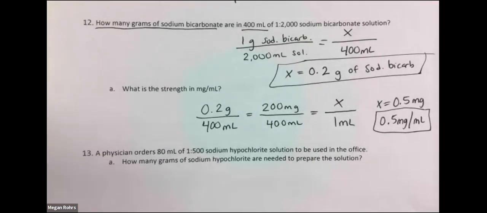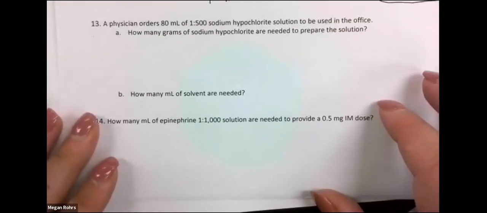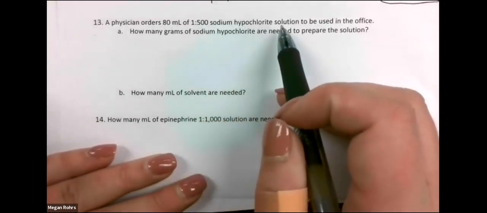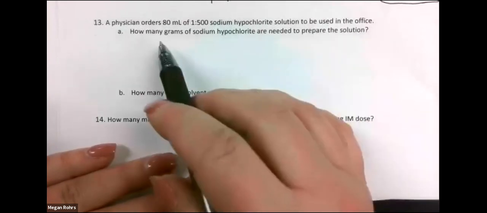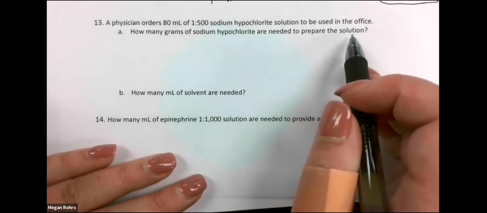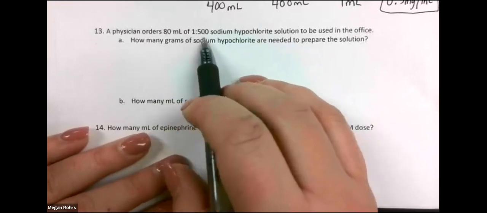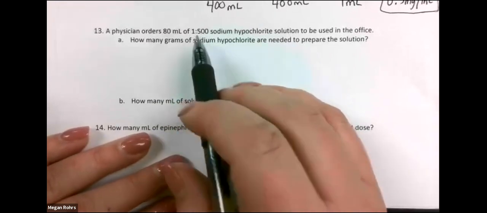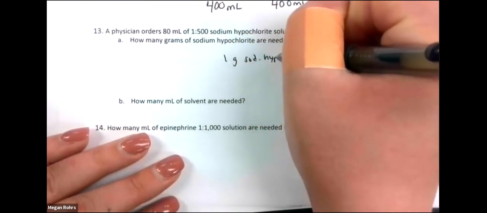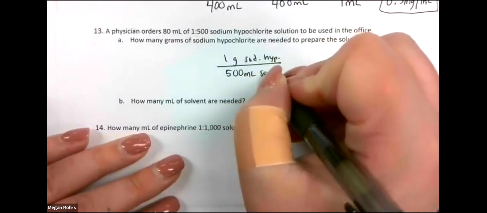Okay, so now moving on to 13. A physician orders 80 mils of a 1 to 500 sodium hypochlorite solution to be used in the office. How many grams of sodium hypochlorite are needed to prepare the solution? All right, well, we know that we have a 1 to 500, so let's start with that. We know that that's going to be 1 gram of sodium hypochlorite in every 500 mils of solution.